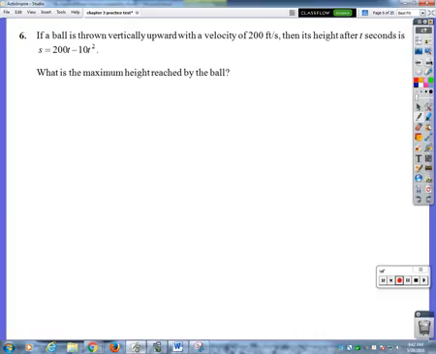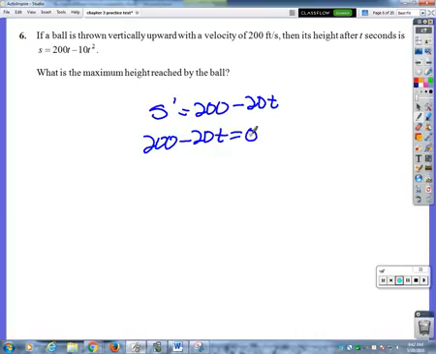Okay, number 6. Ball. What do you do? Take el derivativo. Set it equal to 0.